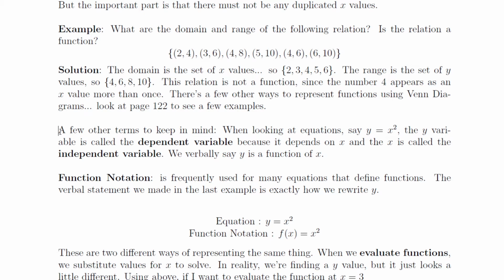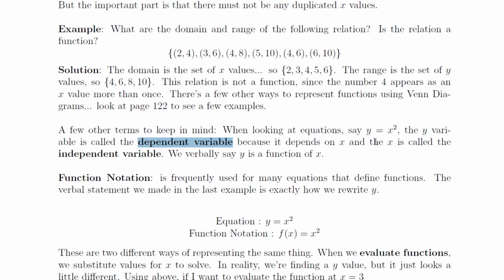There are some other terms that we do need to keep in mind when we're looking at equations. When I say y is equal to x squared, the y variable is called the dependent variable. Usually the dependent variable is what your equation equals, like on the left-hand side.